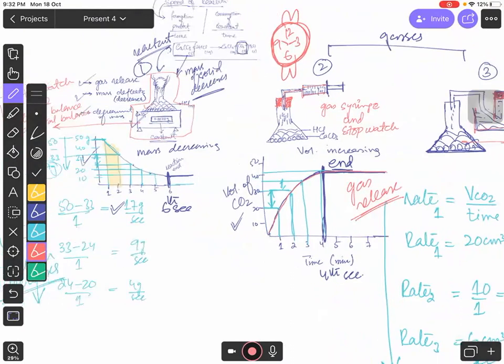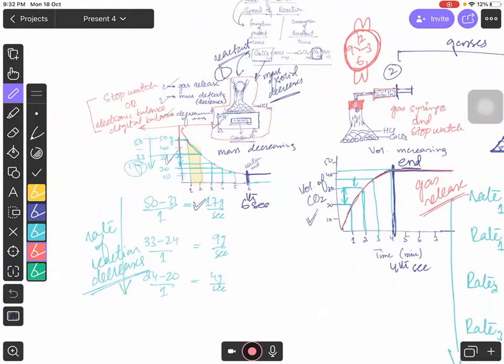And this graph is for the consumption, or you can say the decrement in mass, right? If the mass is decreasing, you can use this graph, and if the gas is producing, then you can use this graph. It is very important. It will help you out in many MCQs.